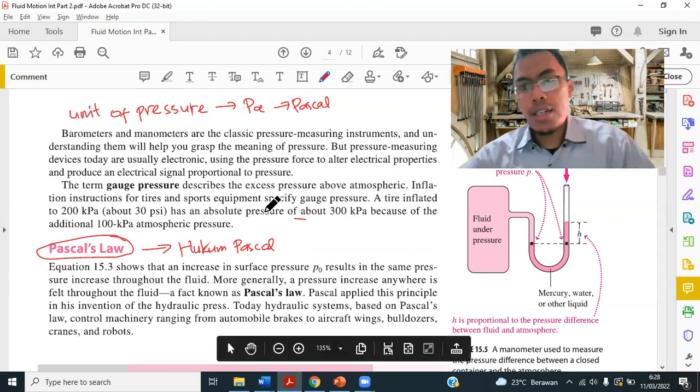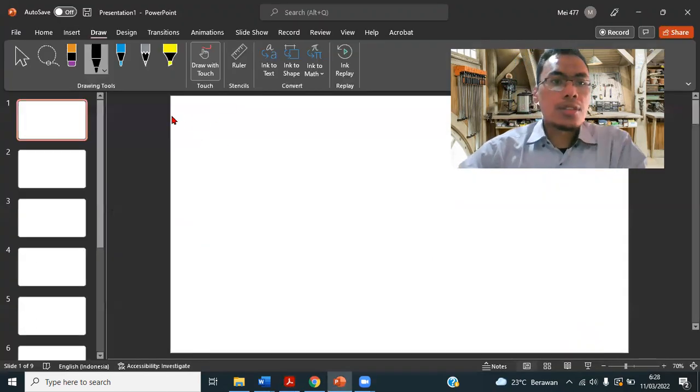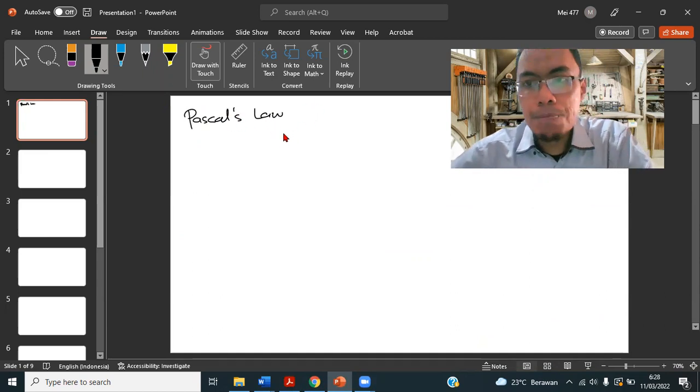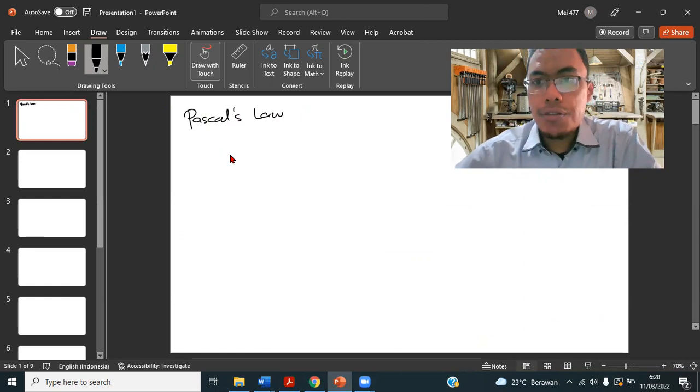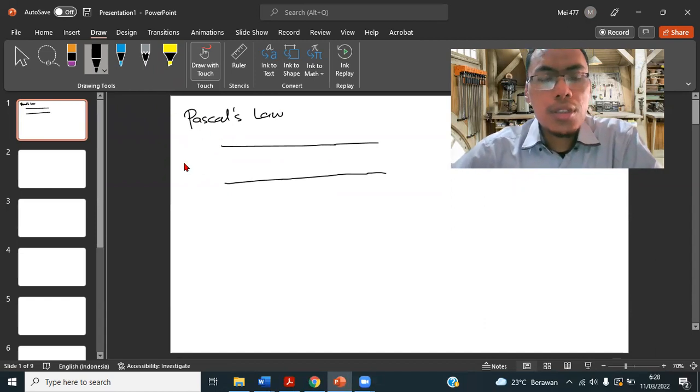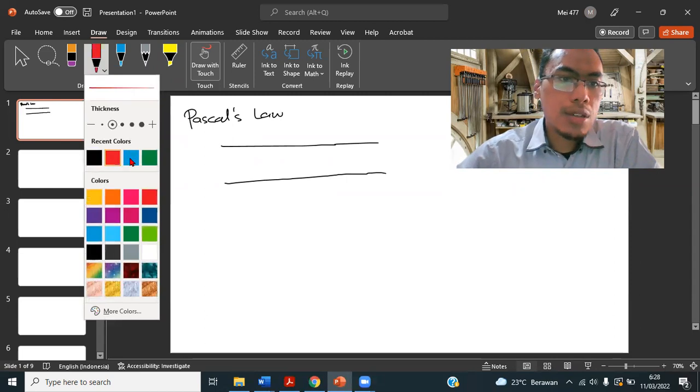So what is Pascal's law actually, yeah? Okay, let's say I have a tube, yeah, or a pipe or anything, yeah. But let's say the form of the container is like this, ya. Jadi kontainernya, wadahnya seperti ini, and then on the left side here I put some kind of seal, ya.